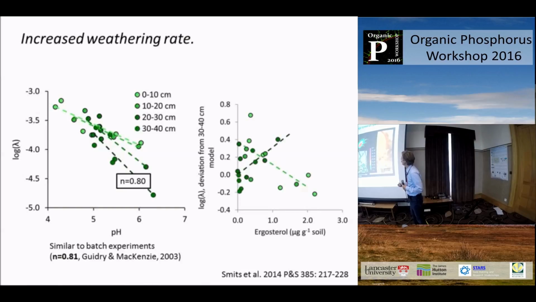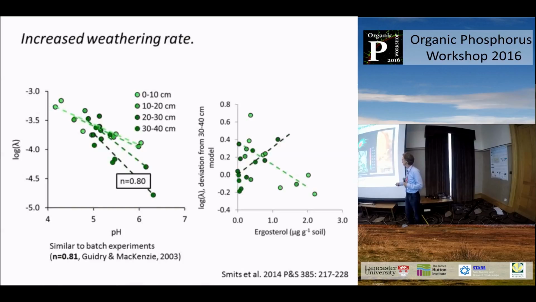Now, of course, you think there must be then a fungal weathering going on top of your proton weathering. So we measured ergosterol in it. And then to our surprise, with increasing ergosterol in the top layers, so the light ones, you see a negative relationship.